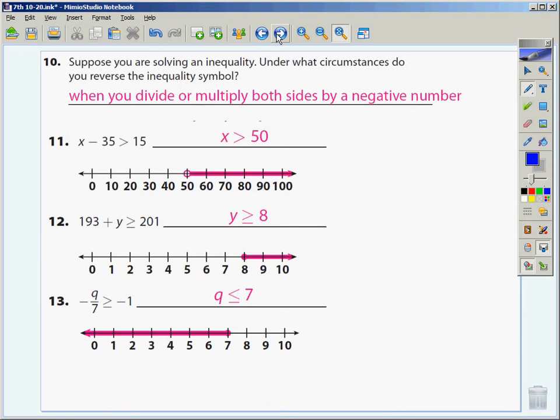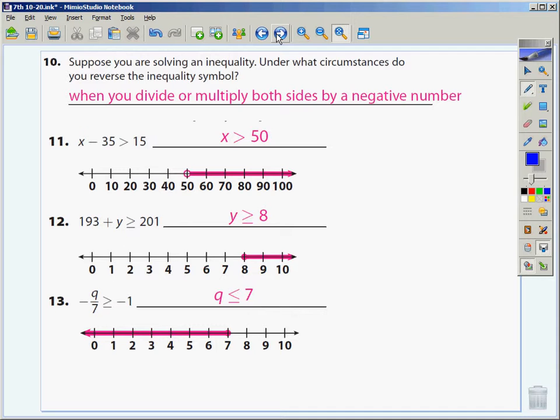There's 10 through 13. 10 was the essential question at the bottom of that page. And it really is important that you recognize under what circumstances you reverse the inequality symbol.